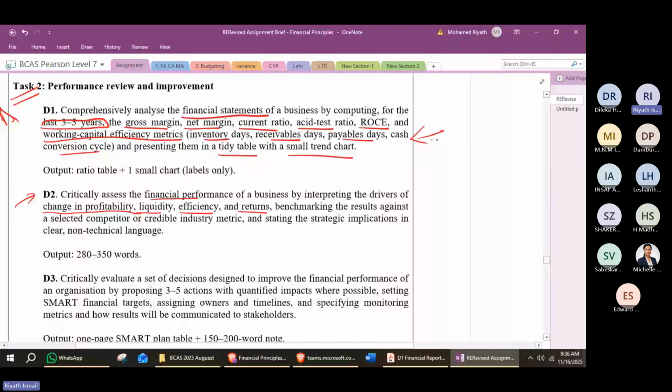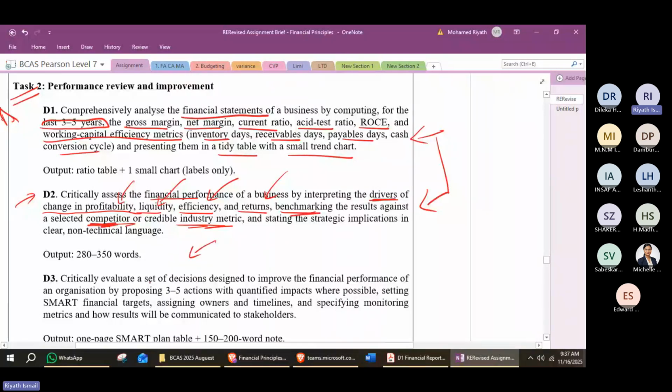You have to know the in-depth insights, then only can you understand the drivers, the causes of change. So why did the company's profitability go down? Is there any profitability issue, liquidity issue, management efficiency, return forecast, or benchmarking with other companies? Benchmarking results on a selected competitor, credibly. You can benchmark with a competitor or the best organization in your sector.